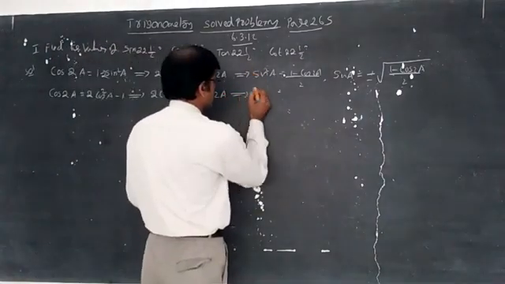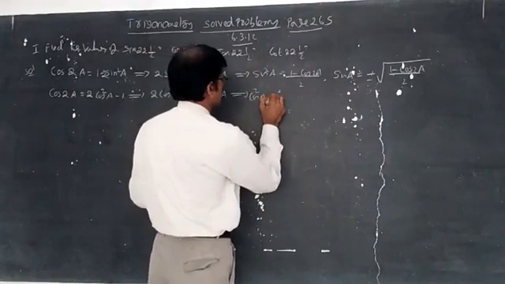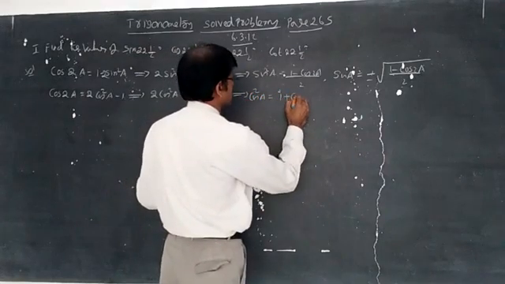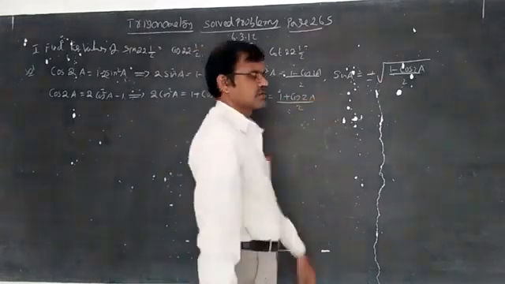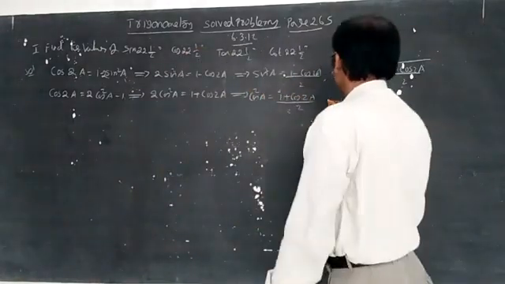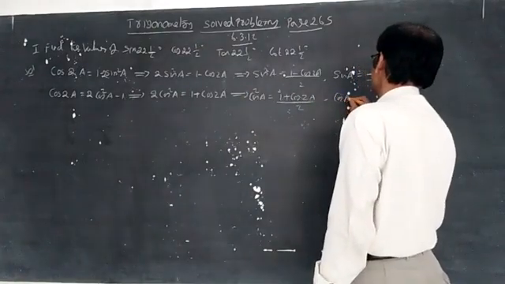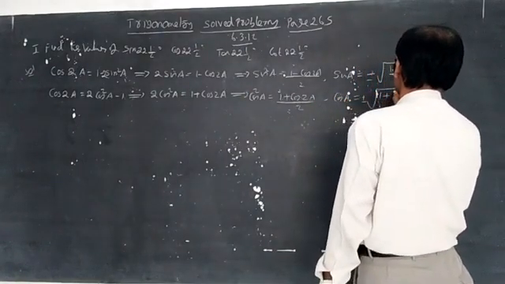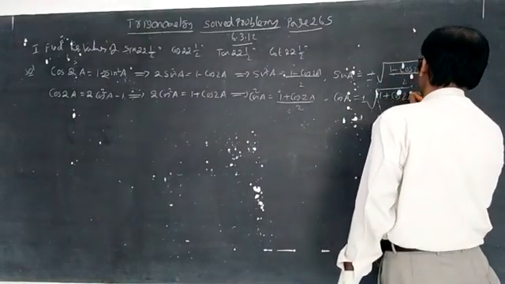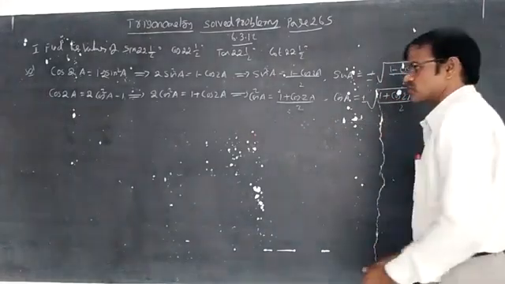So cos square a is equal to (1 plus cos 2a) whole by 2. In the similar way, we can say that cos a is equal to plus or minus square root of (1 plus cos 2a) whole by 2.